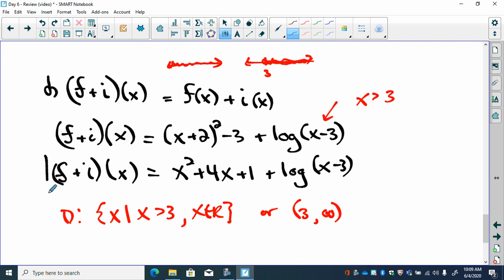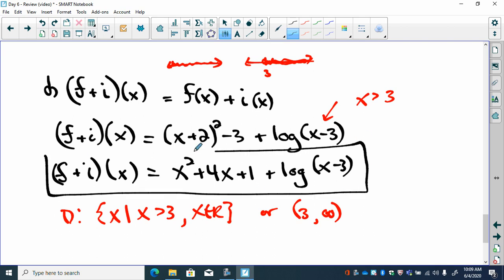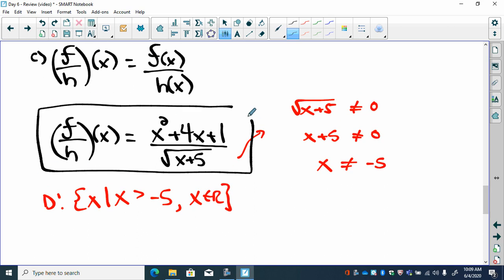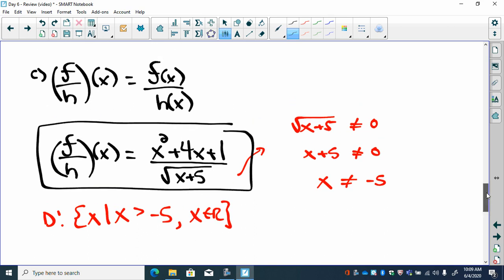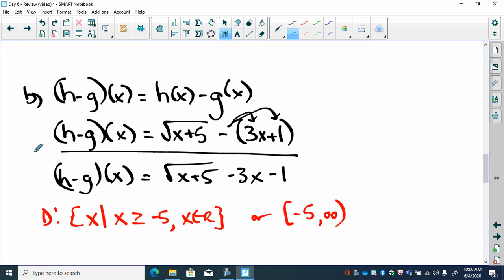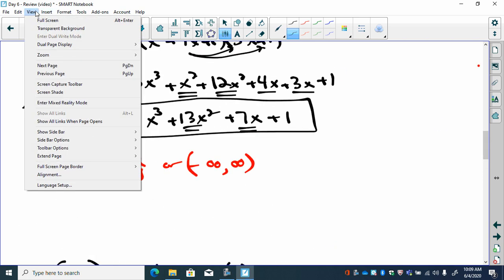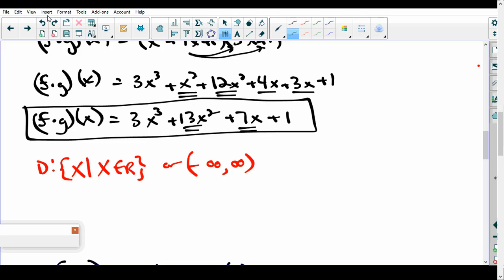So these are my combined functions, and the domain is in red underneath. And in a nutshell, that covers the last 2 sections, or the last 2 videos we looked at. And you can try the review sheet.